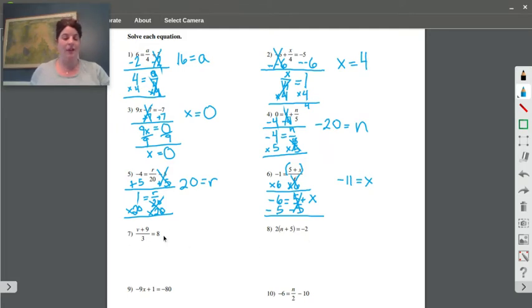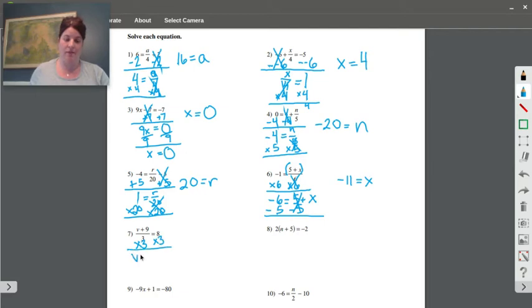Now we have another one just like that right here. Once again, in this problem we would be adding first and then dividing. When we solve it, we're going to divide first and then add. So we're going to first get rid of this division by multiplying by 3.